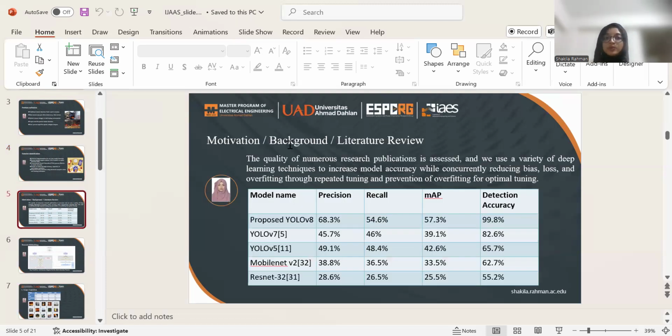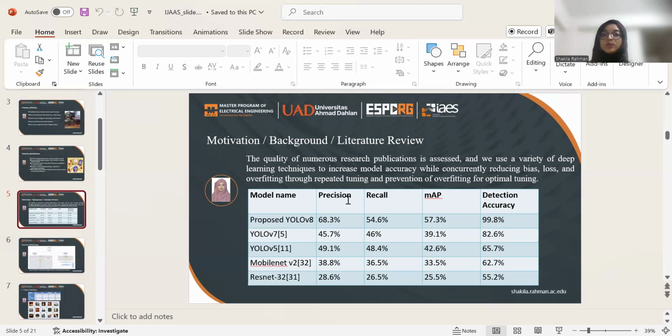So here is some motivation, background, or literature review. You can see that the quality of numerous research publications is assessed, and a variety of deep learning techniques are used to increase model accuracy while reducing bias, loss, and overfitting through repeated tuning for optimal results. For example, we have used a YOLO-based model.